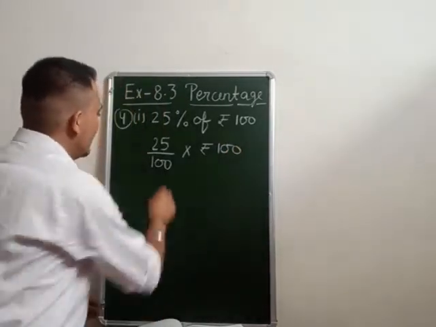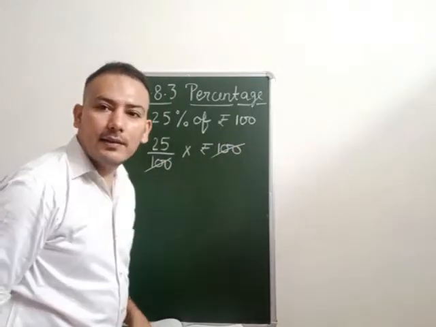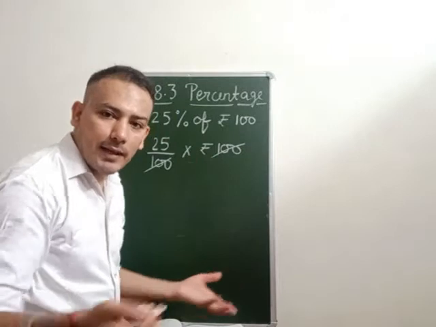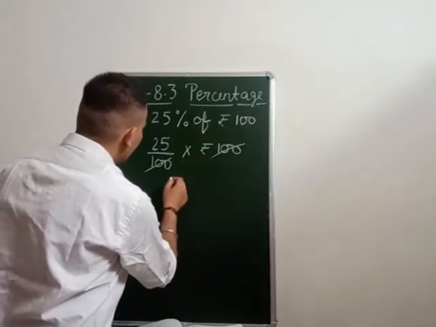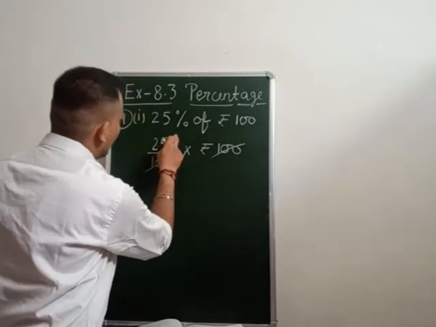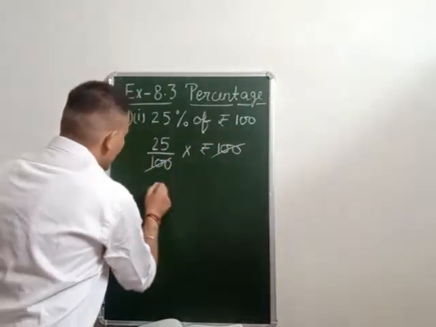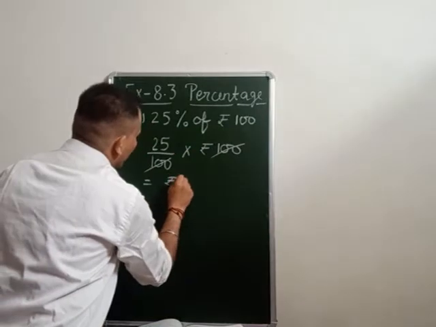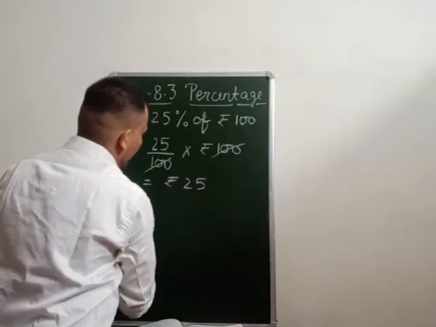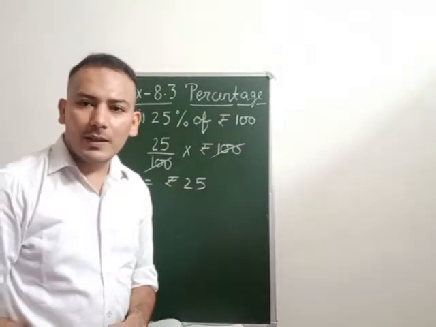Now see, 100 cancels 100, simple thing. So what is left? 25. So what is our answer? Rupees 25. Simple. Clear, students?